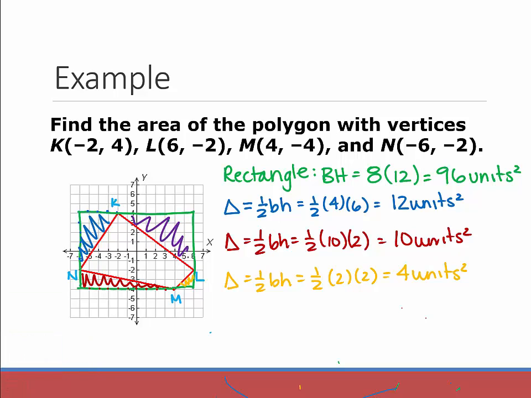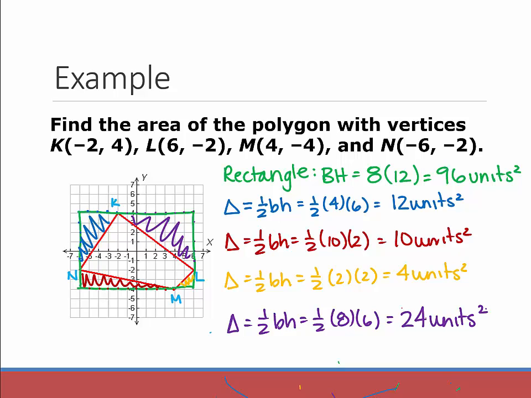Last one, the biggest triangle here. My base is 1, 2, 3, 4, 5, 6, 7, 8. And it is 1, 2, 3, 4, 5, 6 tall. So 4 times 6 gives you 24 units squared that we got to take out.